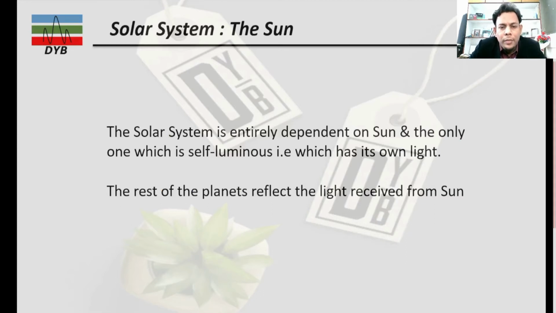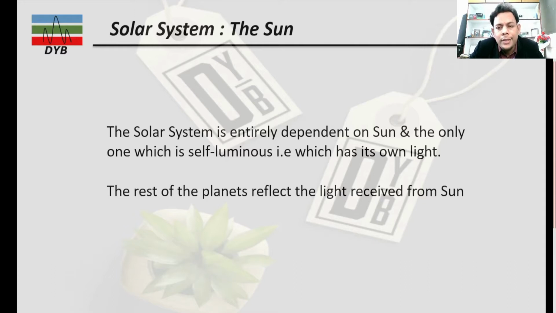In the solar system, what is the star of the solar system? The solar system entirely depends on the Sun, and this is the only self-luminous object which has its own source of energy. The other planets like Jupiter, Saturn, Earth, Mars, Venus, or any planet do not have their own energy or own source of light.